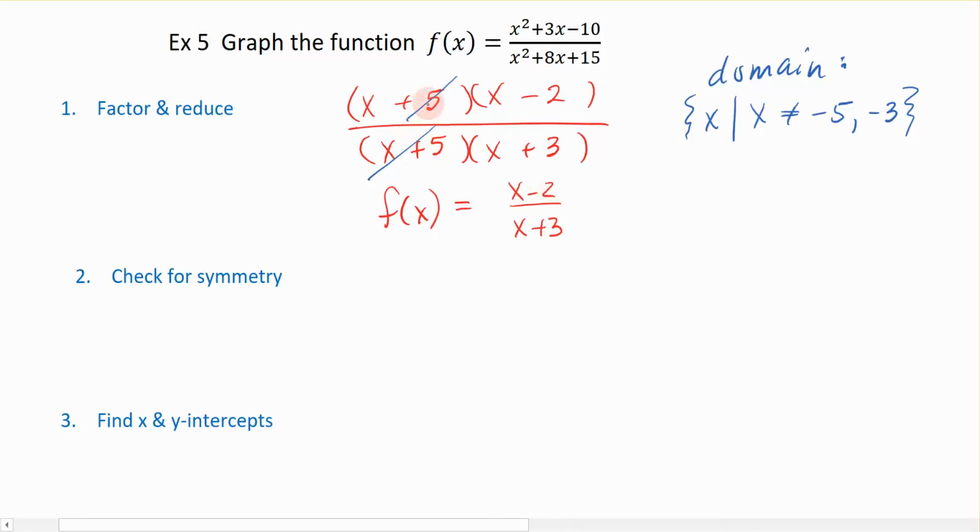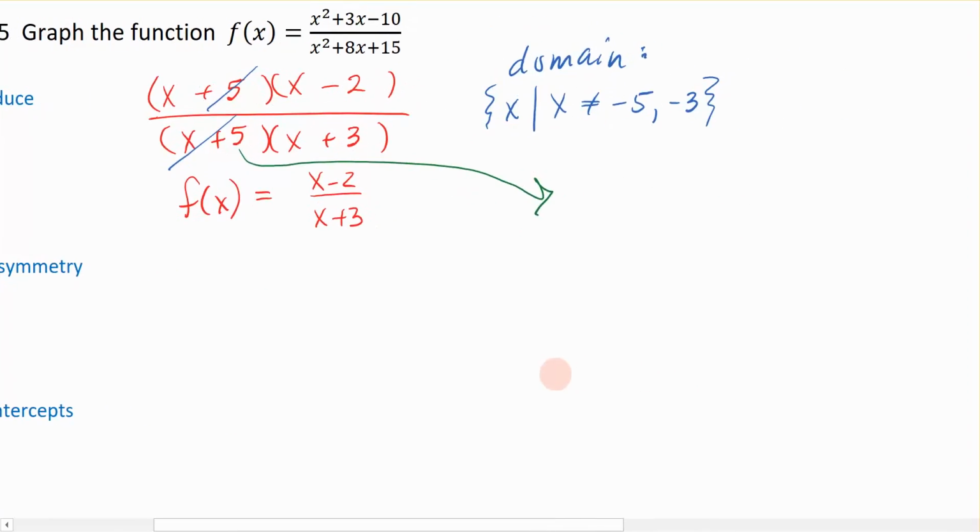But what happened when I canceled this common factor? Well, we talked about this in an earlier video, that when I cancel a common factor like what we have here, that x plus 5 factor that we just canceled tells me that I have a hole when x is equal to negative 5, because negative 5 plus 5 is 0.